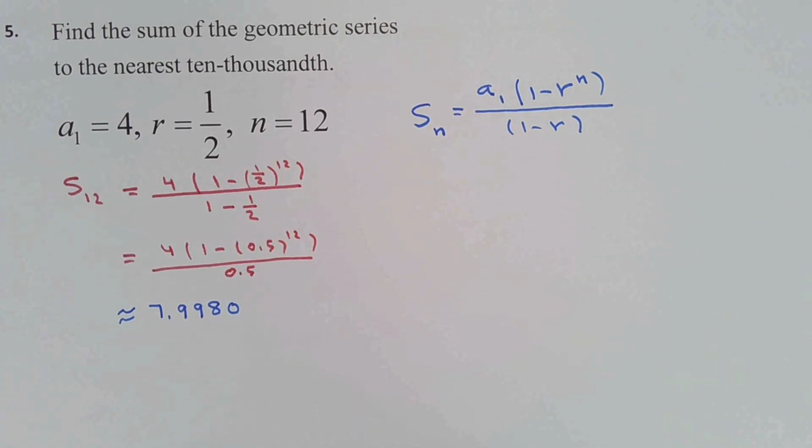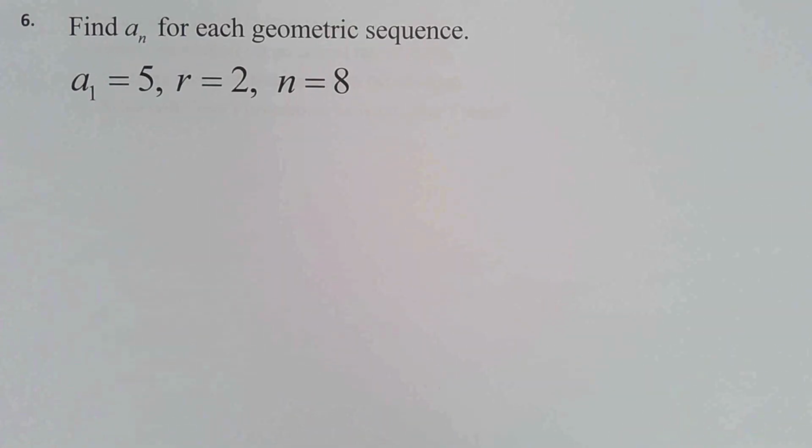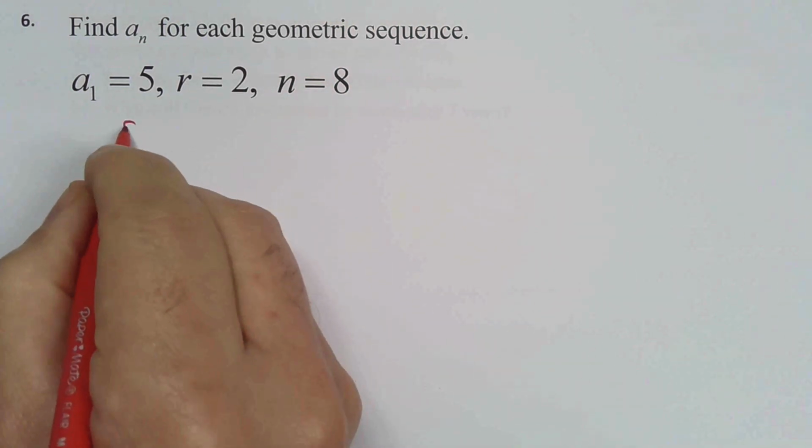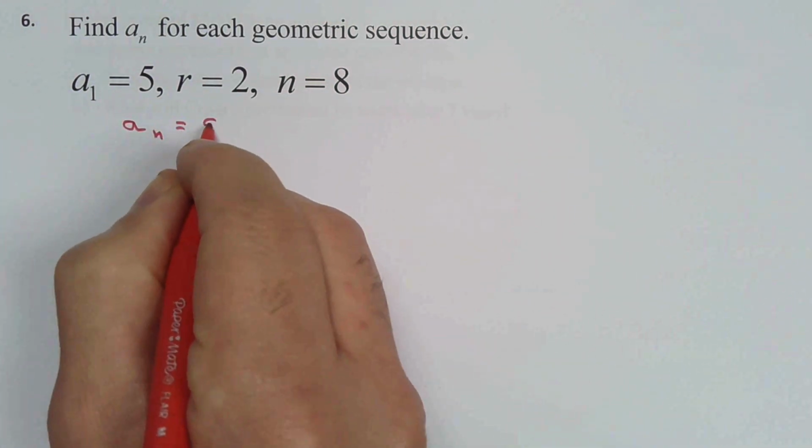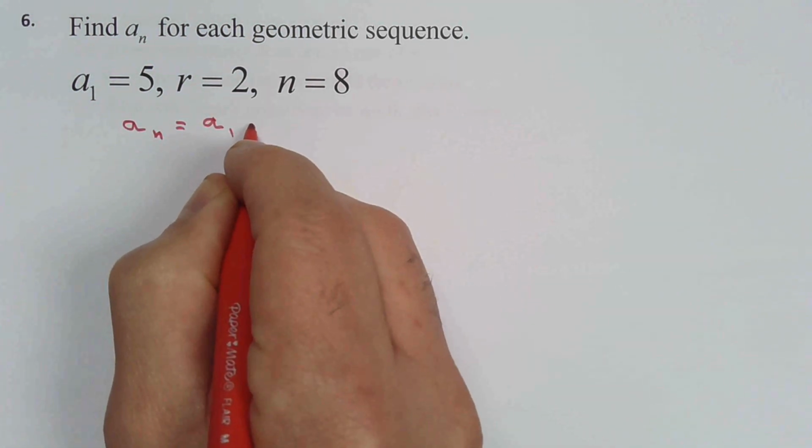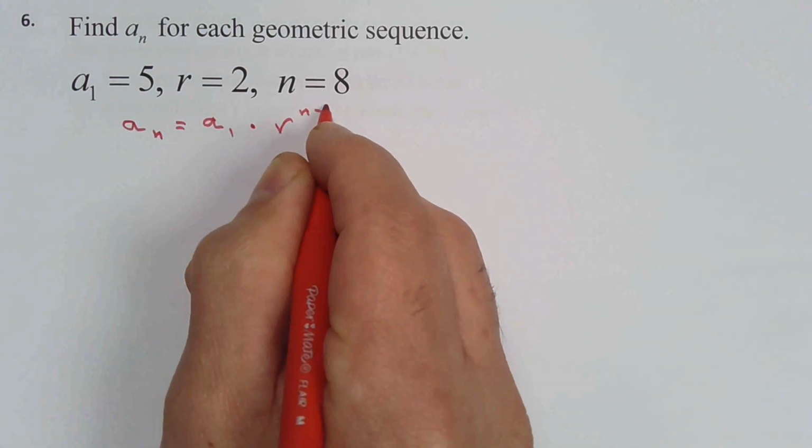Number 6. Find a sub n for each geometric sequence. For the following geometric sequence, I only have one. So we have a sub n equals a sub 1 multiplied by r to the power n minus 1.